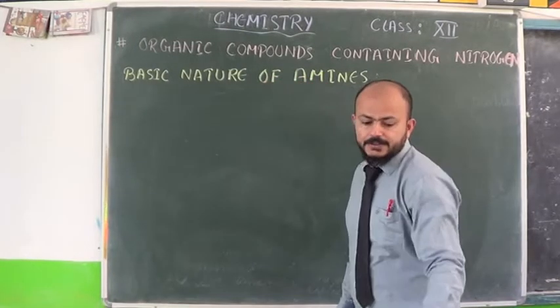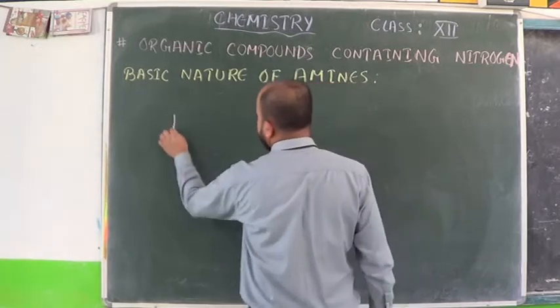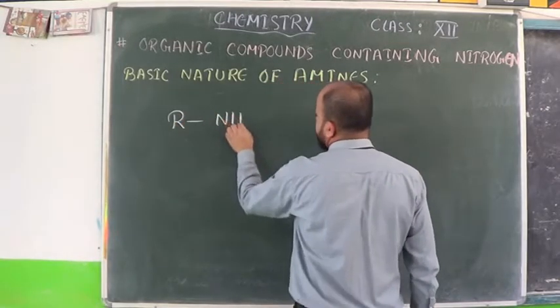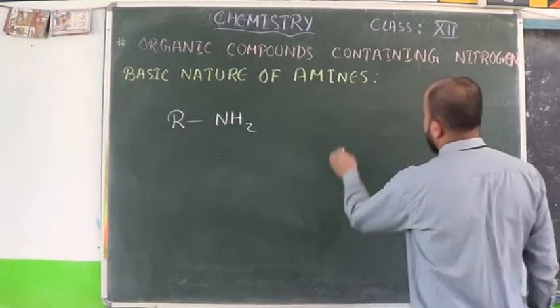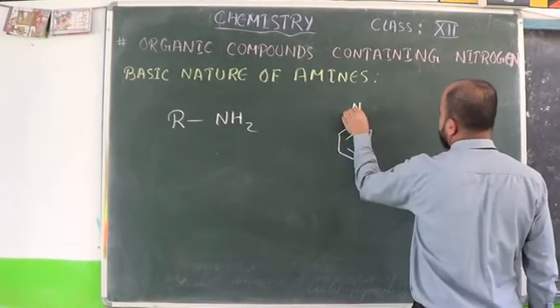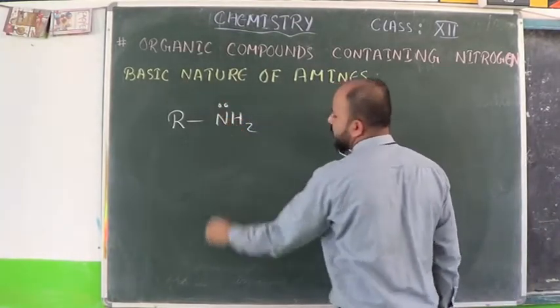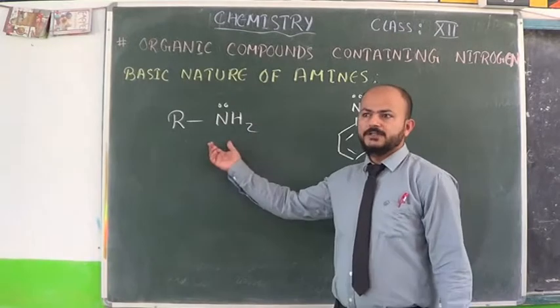Now let's compare the basic strength between aliphatic amine and aromatic amine. So this is your aliphatic amine, and aromatic, as you know, contains a benzene ring. In both cases, over nitrogen there is a lone pair.